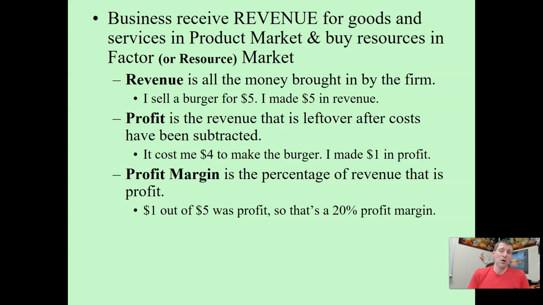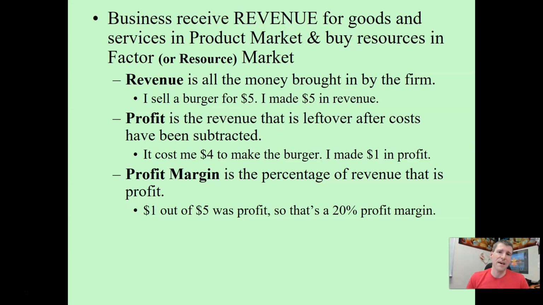So in the example here, let's say that I start a burger place in Rockwall, one of, like 35 different places you can buy burgers, but let's say I start a new one. I sell that burger to you for $5. That means that I made $5 in revenue. Okay, my revenue was $5 because that's what I sold the burger for. My total amount of money coming in, $5.